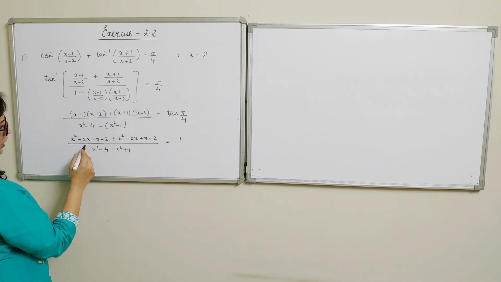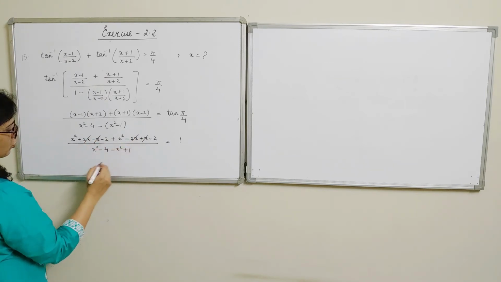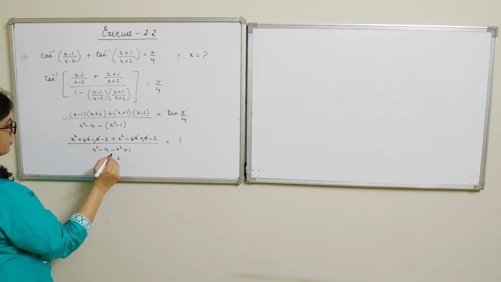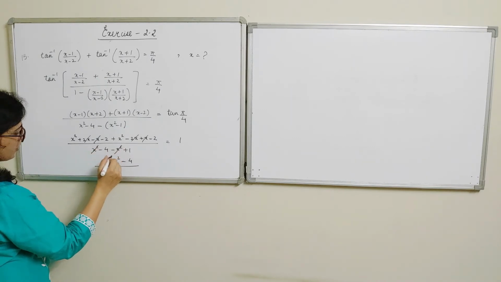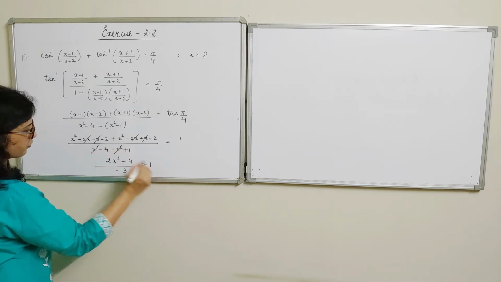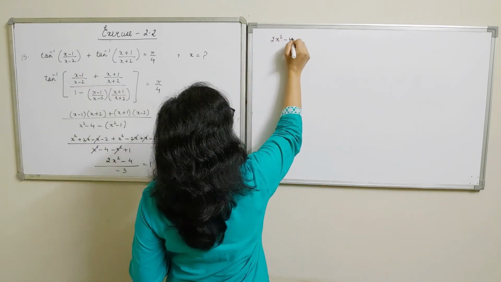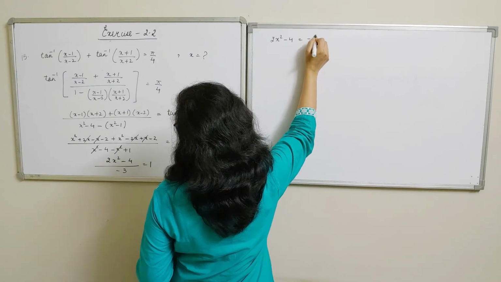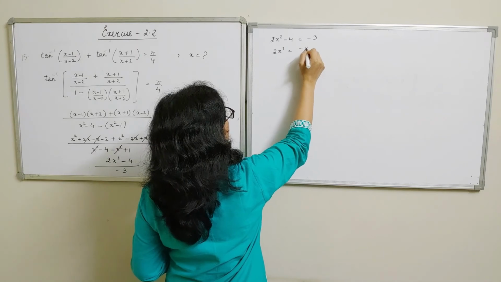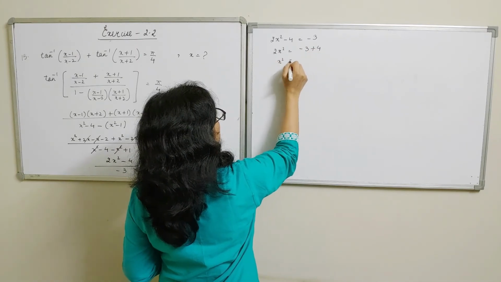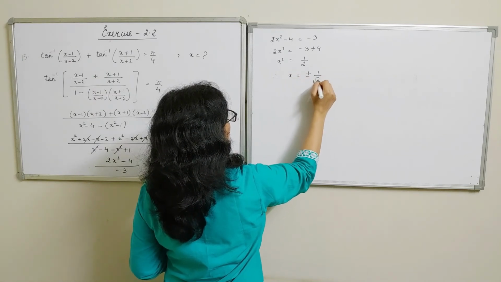So certain terms get cancelled, plus 2x minus 2x plus x minus x. So the numerator gives us 2x square minus 4, and the denominator gives us minus 3. So we are getting 2x square minus 4 is equal to minus 3, and 2x square is minus 3 plus 4, hence x square is 1 by 2, therefore x is equal to plus minus 1 by root 2.